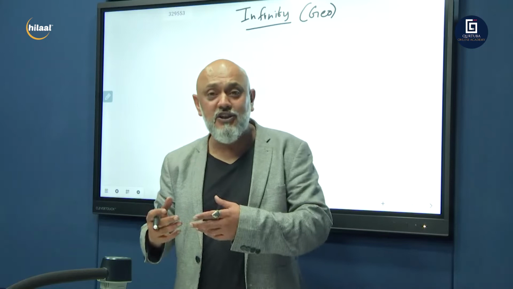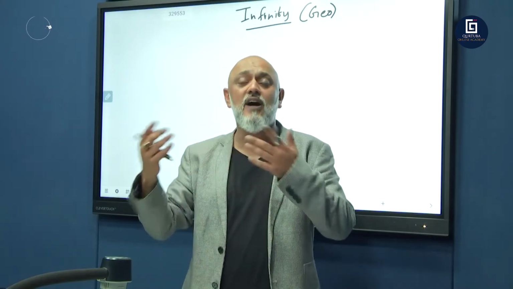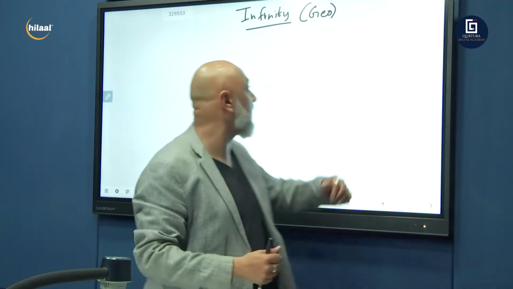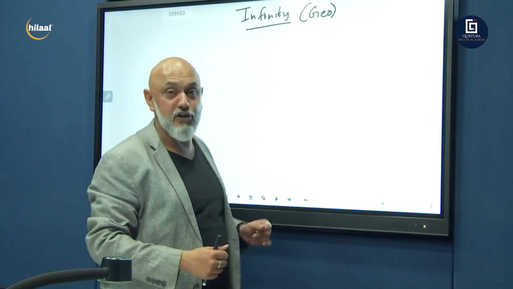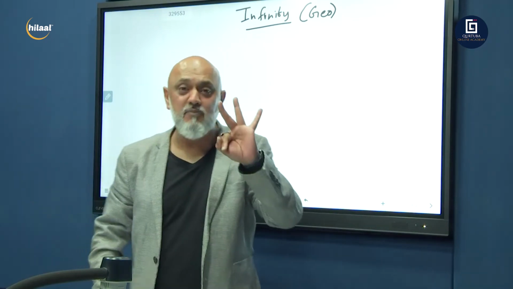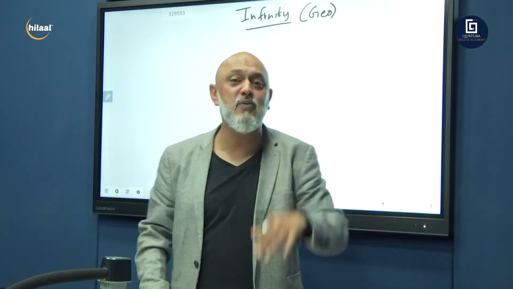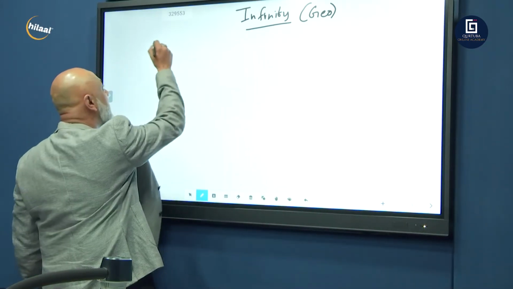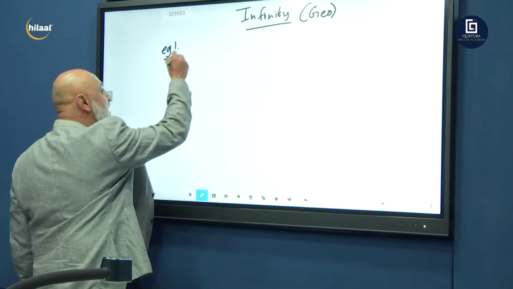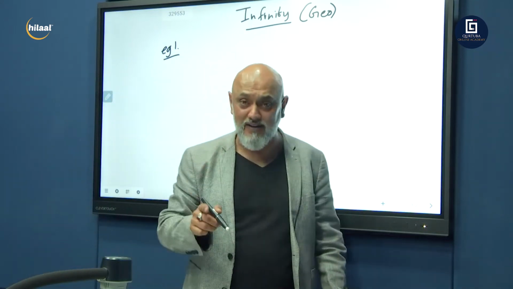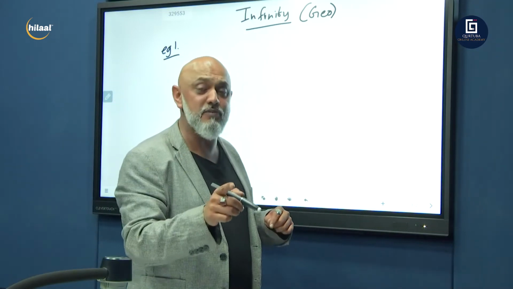If r is a fraction, convergent. If r is a whole number, divergent. So infinity, geometric. There are only 3 types here, and we're going to start with the first type. So let's call it example number 1. I'm going to leave you with this question before break.